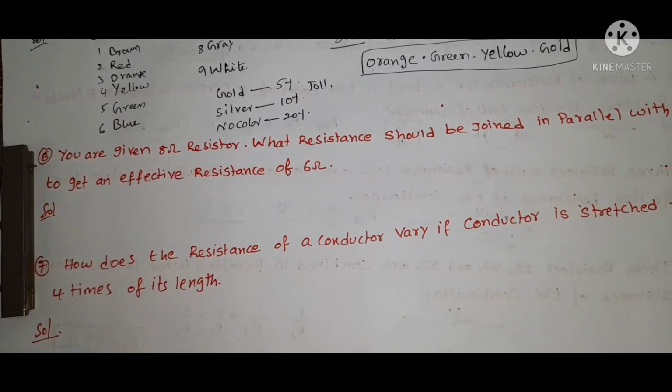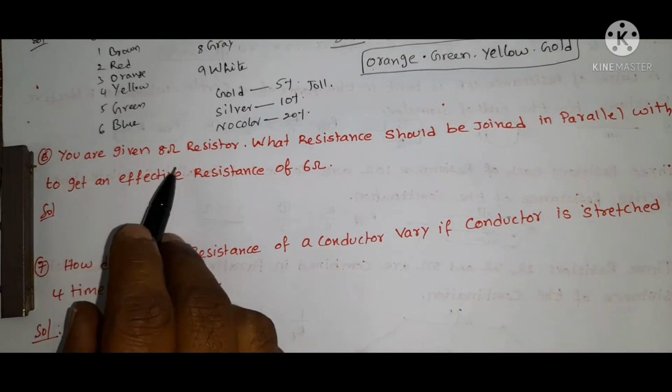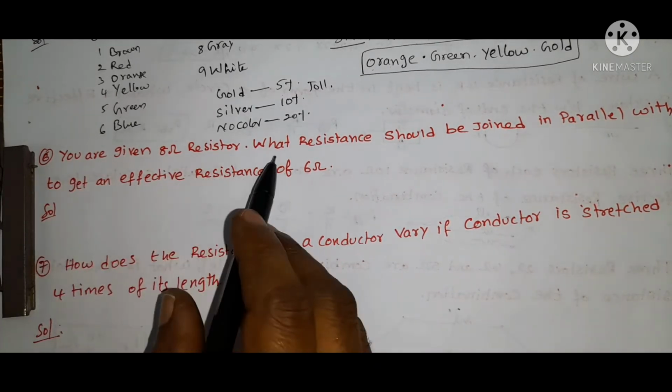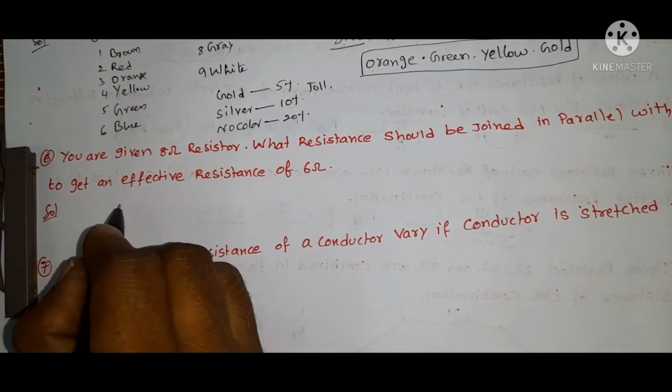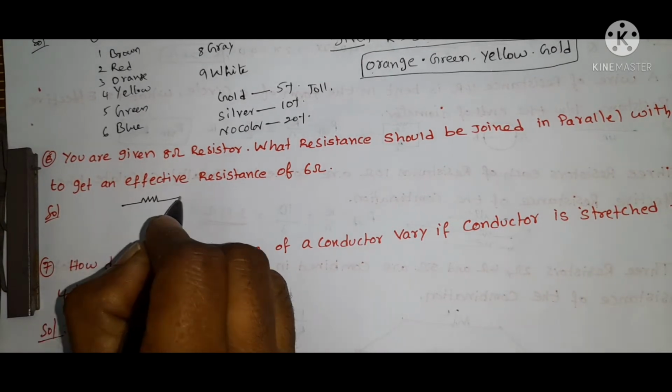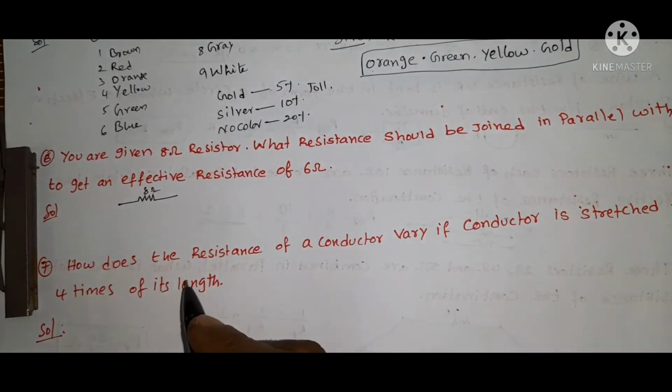Next question. You are given 8 ohm resistance. What resistance should be joined in parallel with it to get the effective resistance of 6 ohms? First of all, from this given, one resistance is given, that is 8 ohms.